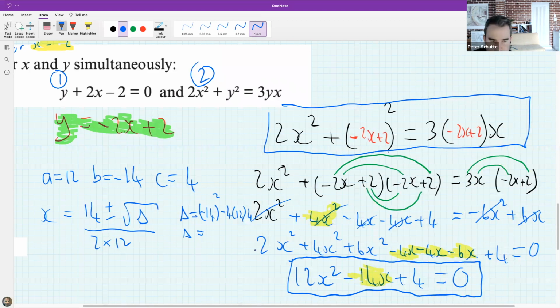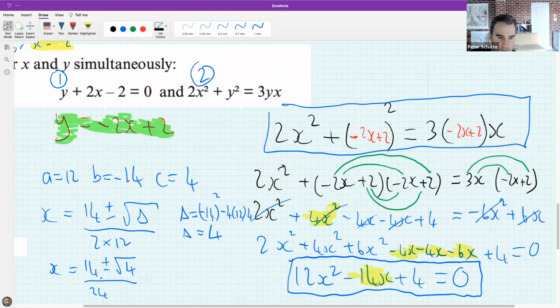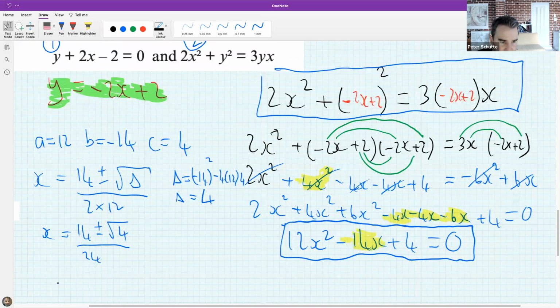Is delta 4? It looks like that could be right. 16 times 12. Yeah. Okay, awesome. So then 14 plus or minus delta over 24. And so then x will be equal to 14 plus 2, so 16 over 24, which is 2/3.